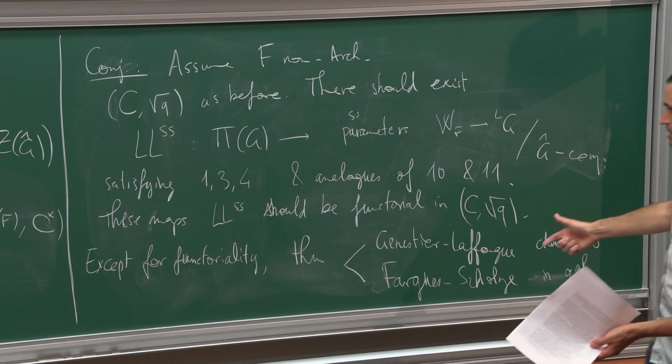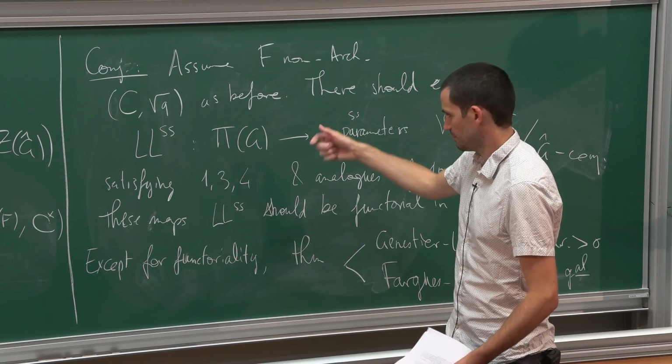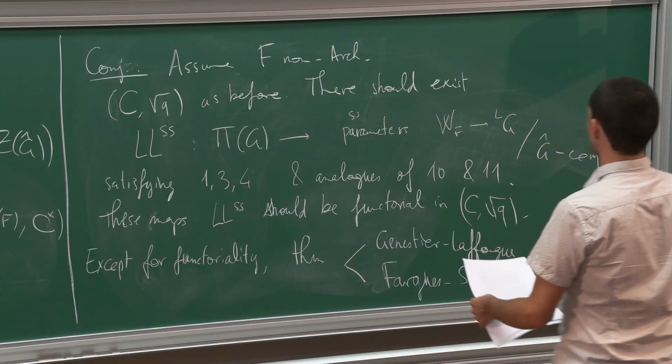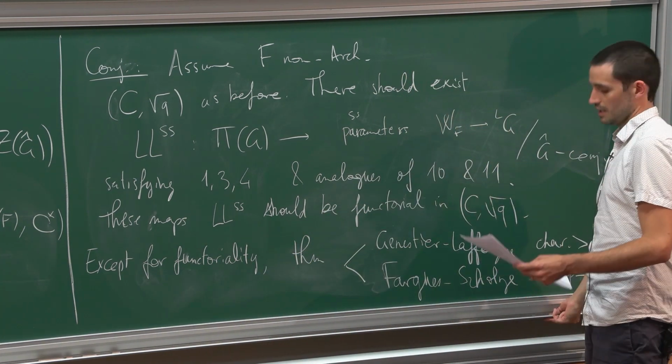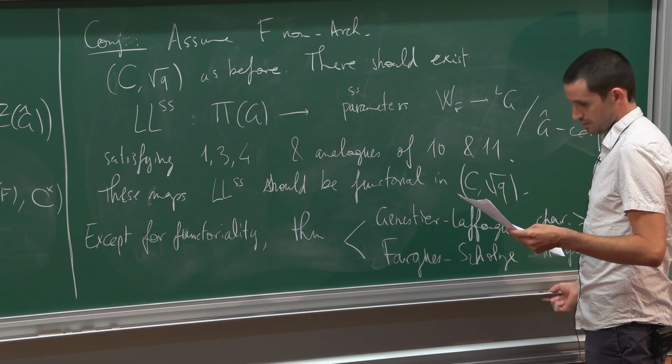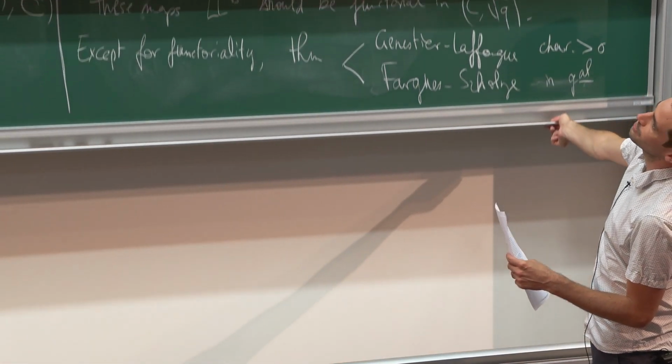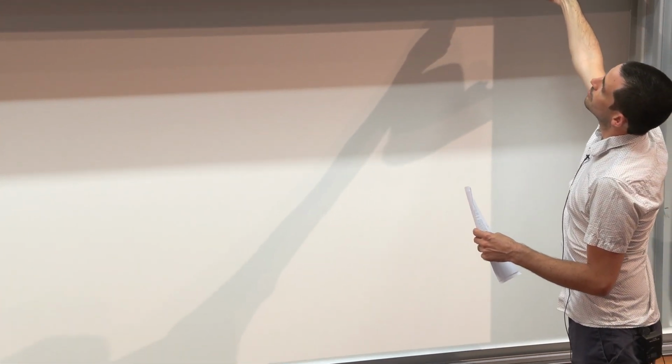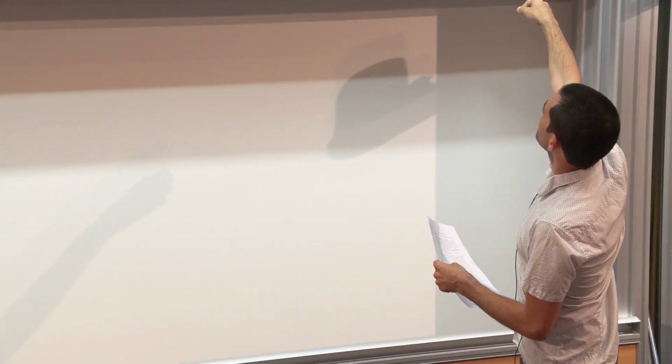I'm cheating a bit: C is Q_l bar, and a priori it depends on l. Okay, there are more things to say about what you could try to do in the other direction.